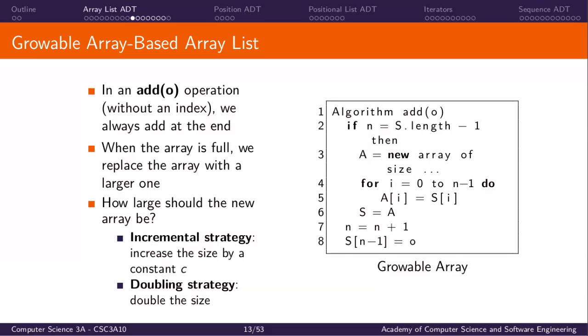I'm then going to copy everything from my old array to my new array, and then I'm going to chuck away the old array by making the old array an alias, or the variable that was referring to the old array, an alias to the new array. All right, then we actually go ahead and add that new element to our array.